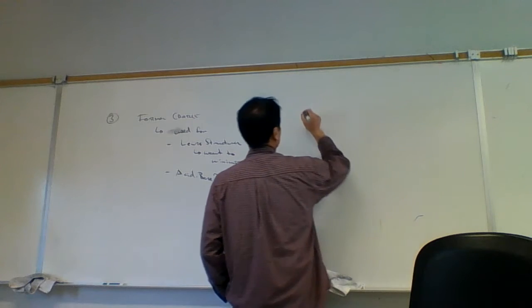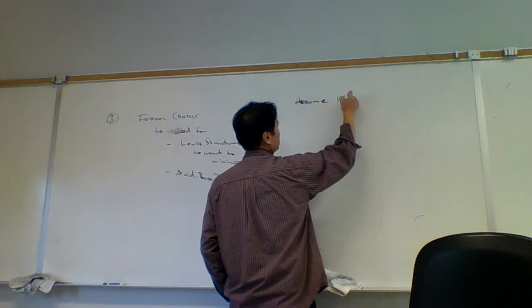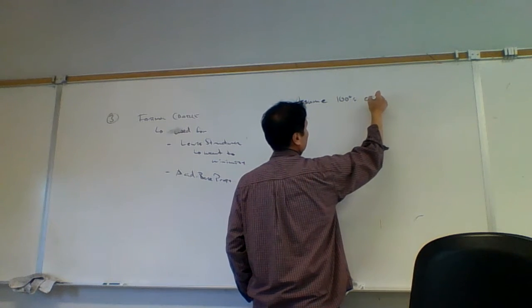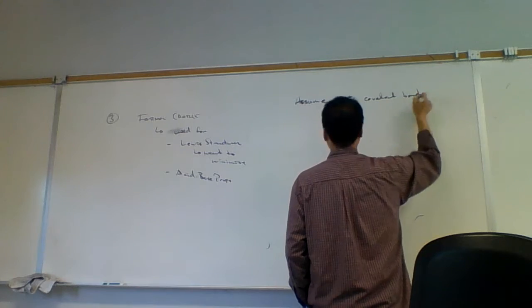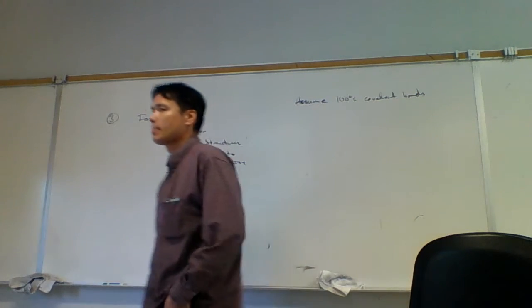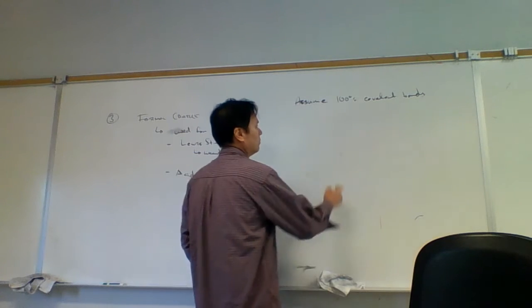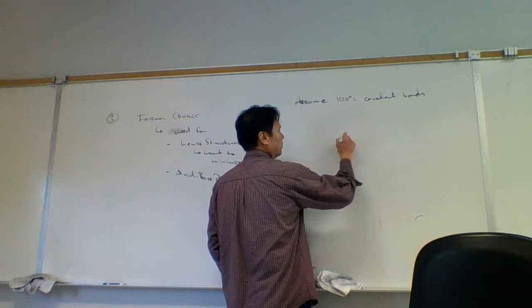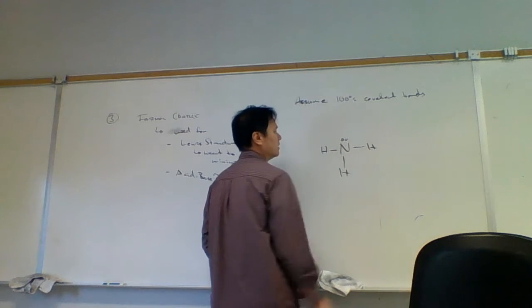With formal charge, we assume 100% covalent bonds. We assume 100% covalent bonds, then this is what we're going to get. For ammonia, like this.